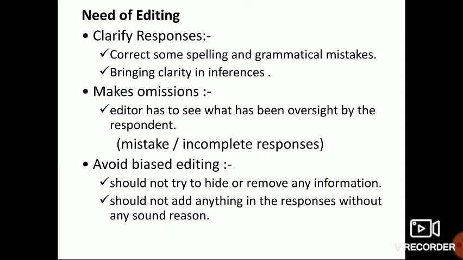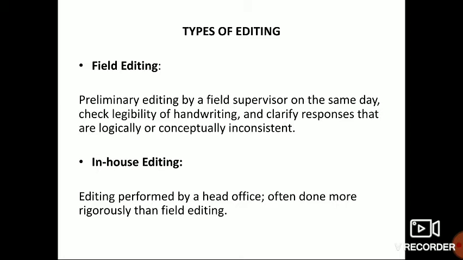Without any reason we can't add any information, or discard or remove any information from the data set without knowledge. So these things we do in editing. Editing can be performed in two types. There are two forms of editing: one is field editing and the second is in-house editing.